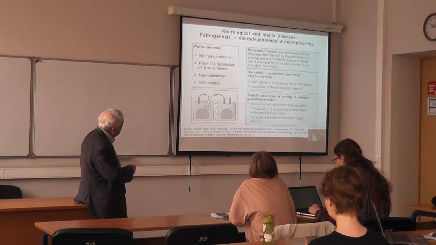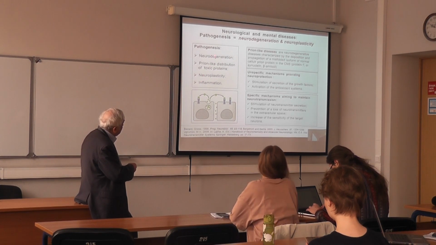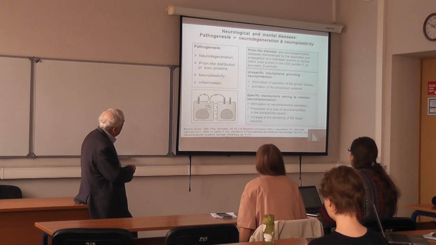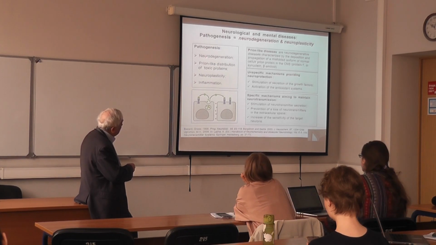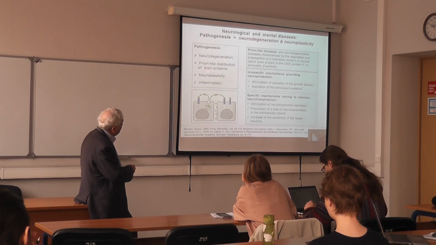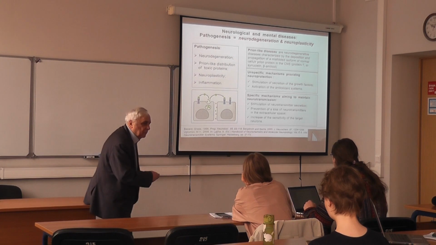Okay. And now we could differentiate several elements of the pathogenesis of neurodegenerative diseases. This is the neurodegeneration, the death of specific neurons. This is prion-like distribution of toxic proteins. What does it mean?